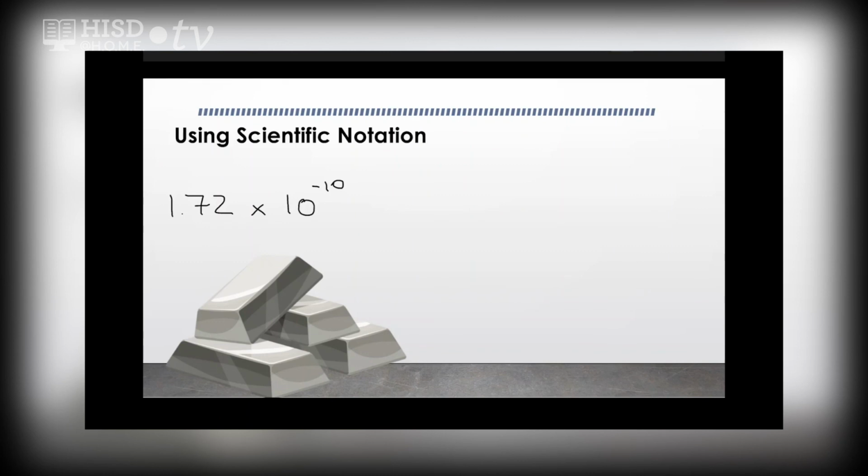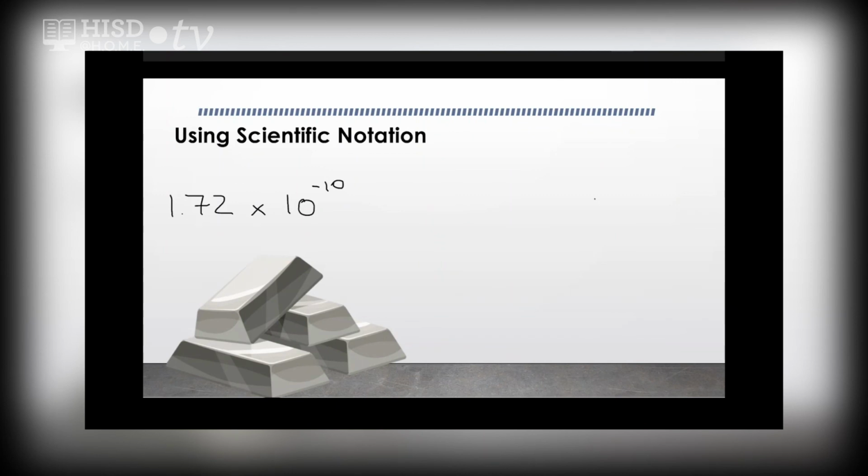So now that we have a scientific notation and we are trying to make it a standard form, I need to use the exponent in order to know how many spaces I have to move. And remember that the negative sign just means that instead of moving to the right, you're going to be moving to the left.